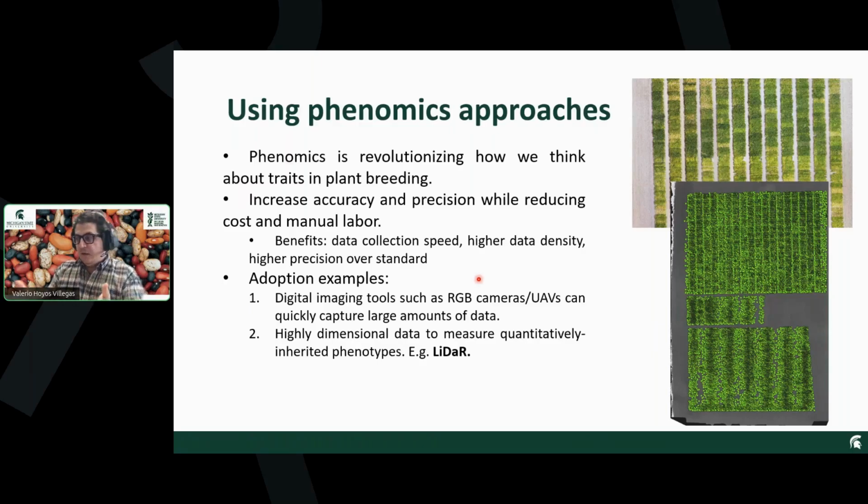As many of you may be aware, RGB cameras and uncrewed aerial vehicles or systems can quickly capture these kinds of data, and they are increasingly becoming highly multidimensional, enabling us to potentially better measure quantitatively inherited phenotypes, such as the combination of line scanners or LiDAR and RGB or multispectral.